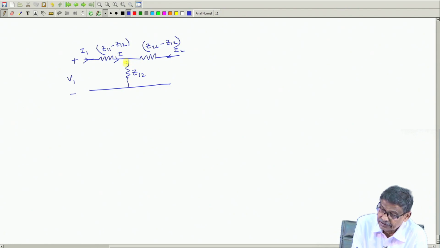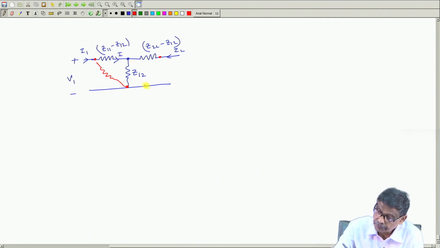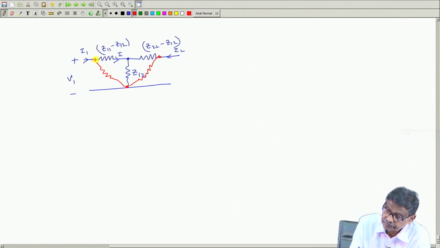Now, what I am telling is, these three impedances are connected in star. Therefore, I can replace this by some equivalent delta. These are the 3 points about which I can do the star delta transformation, and I will put it like this, and erase the blue terms.